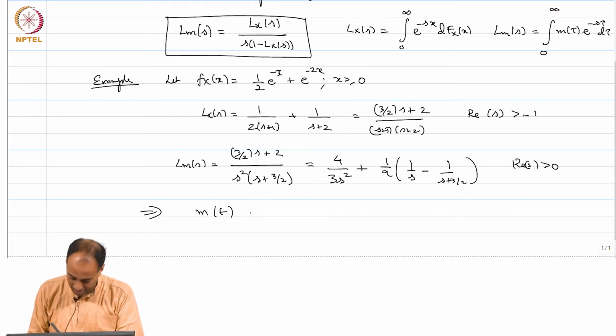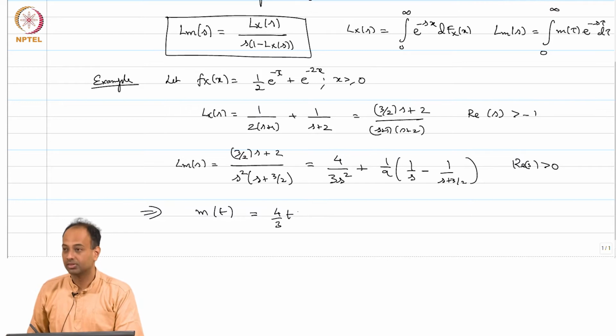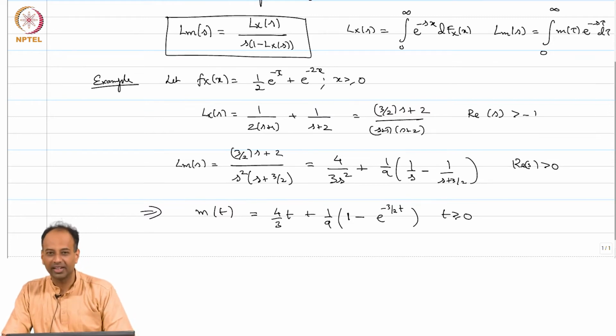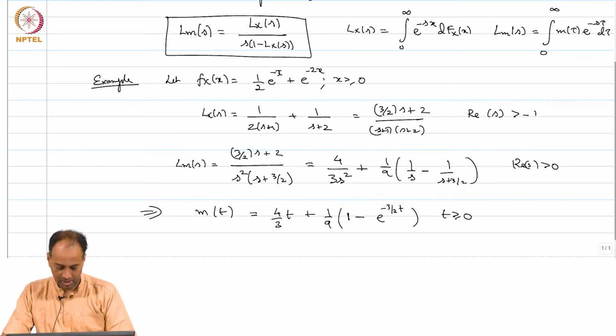So, this m of t will be 4 over 3 t, correct, plus 1 over 9 times (1 minus e to the minus 3 t over 2). This is m of t for any t greater than 0, an explicit characterization of the expectation of N of t for this renewal process.